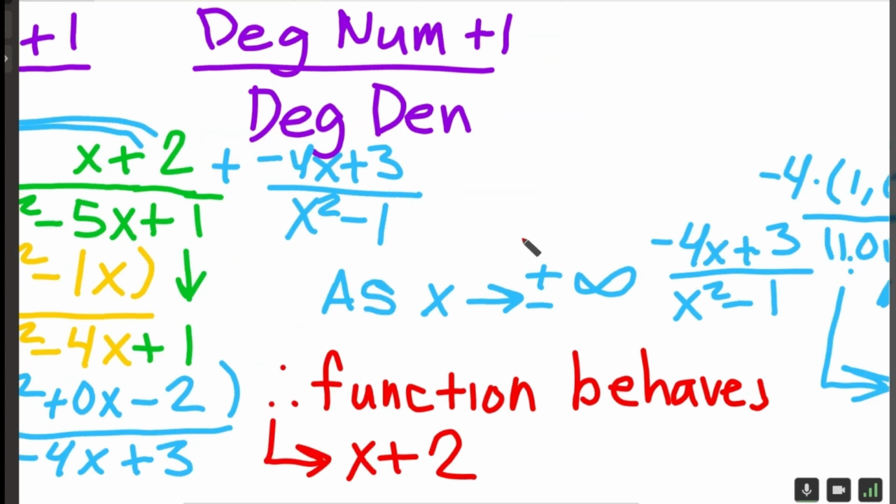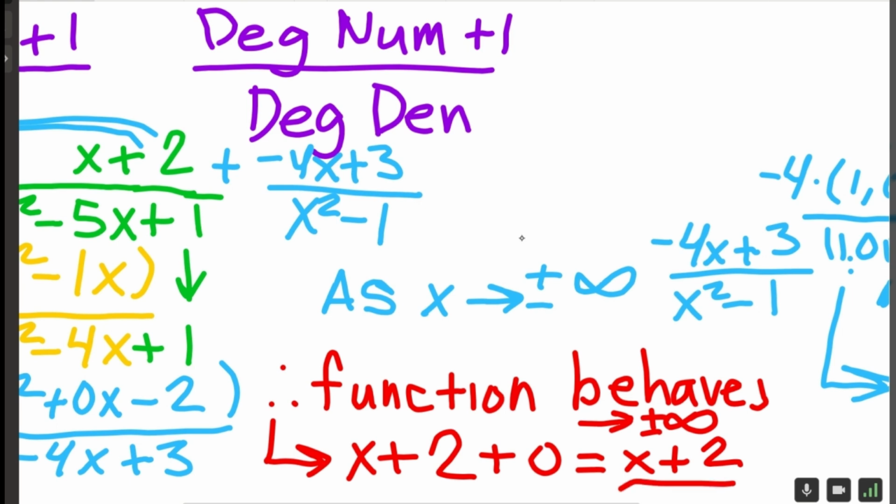This x plus 2 plus 0 as we're going to positive or negative infinity, or in other words, just x plus 2. So that quotient is how it's behaving there. When I go to negative and positive infinity, the remainder portion goes to 0. So x plus 2 plus 0. And that then is our slant asymptote.